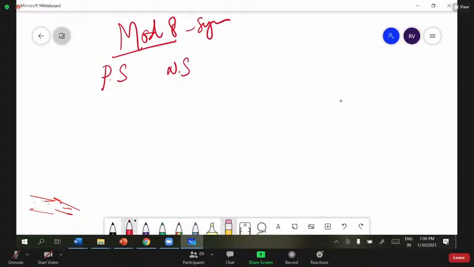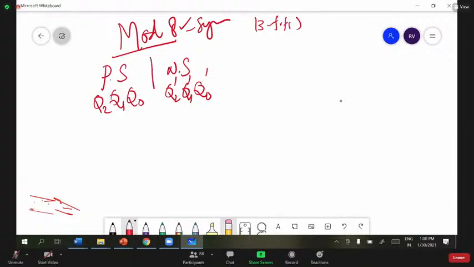You know there will be 3 flip-flops, because of this. So this is Q0, this is Q1, this is Q2. You can state this as Q0 dash, Q1 dash, Q2 dash. So this is the present state and this is the next state.